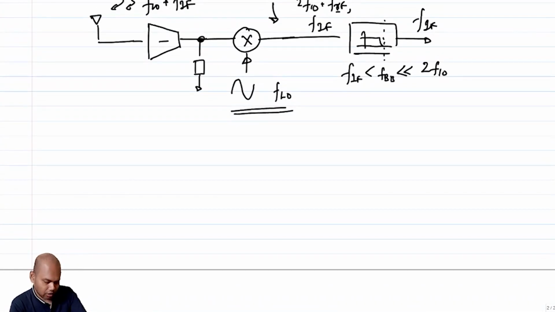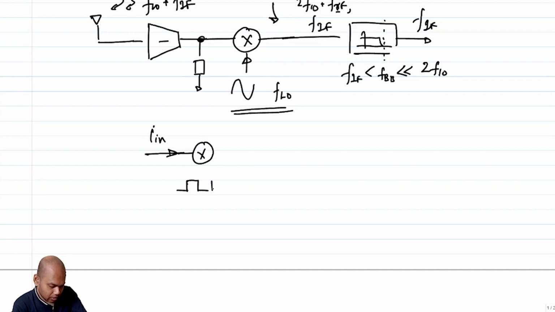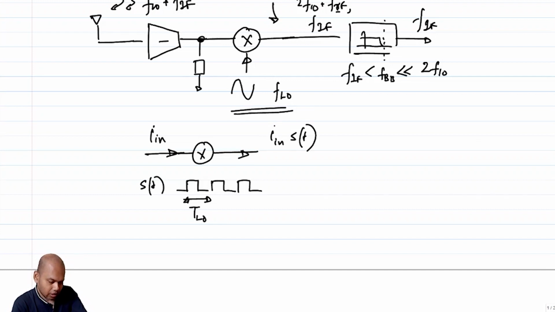But there are other ways, at the beginning of the course, we talked about some other ways of getting around this problem. What were the other possible ways of making a mixer? So in the current domain, we saw that if I have some current I_in that comes in, and let's say I multiply it with a square wave of time period TLO, then the output will naturally be, if we call this S(t), I_in times S(t), right?